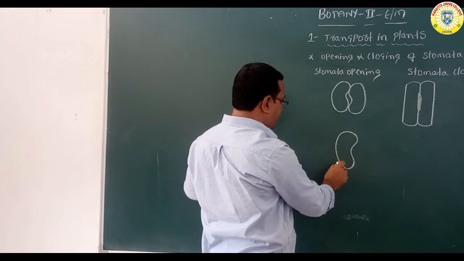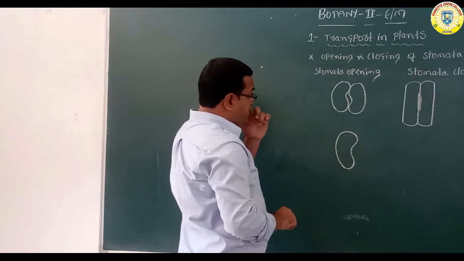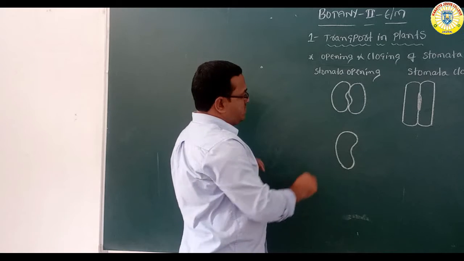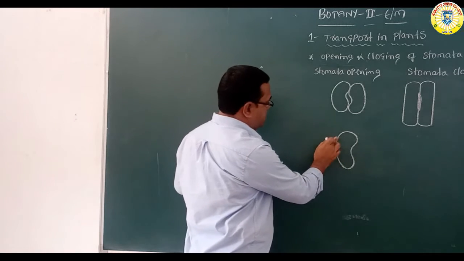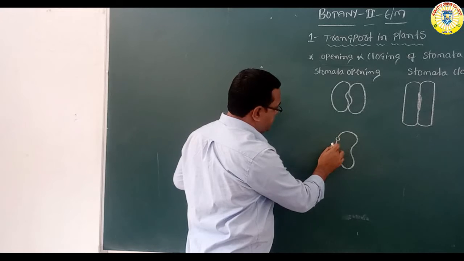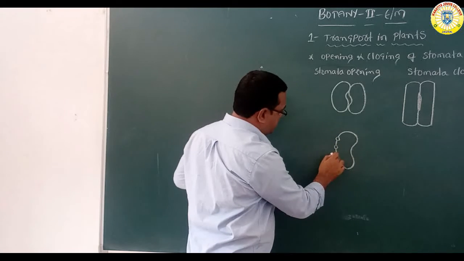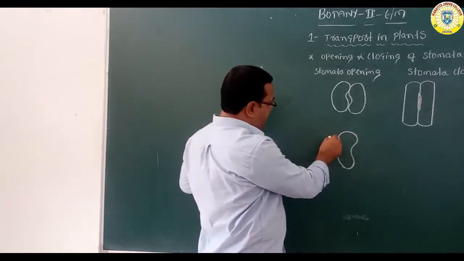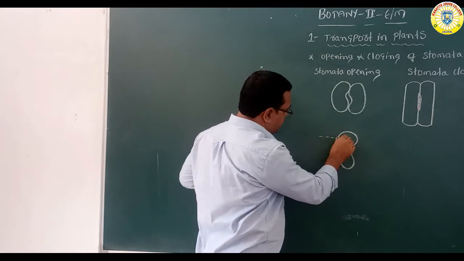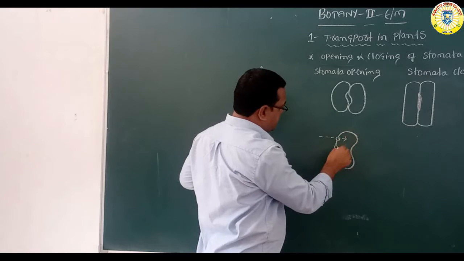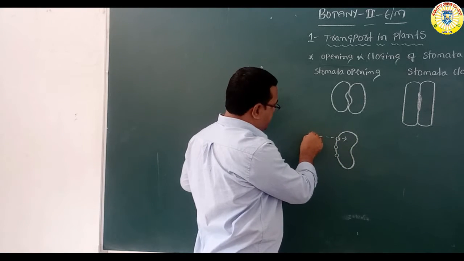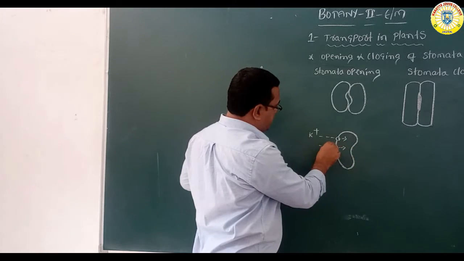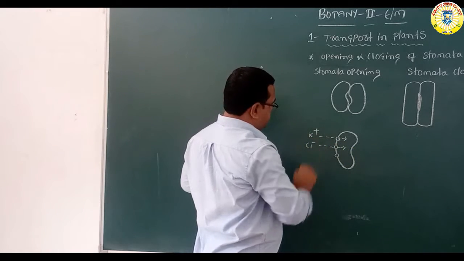This is also stomata open. Here you can see now, how the stomata are open? K plus ions enter into the guard cells, and chloride ions also enter into the guard cells.